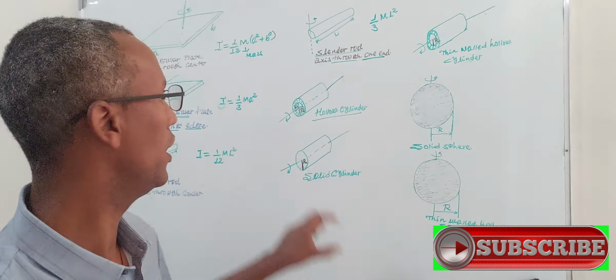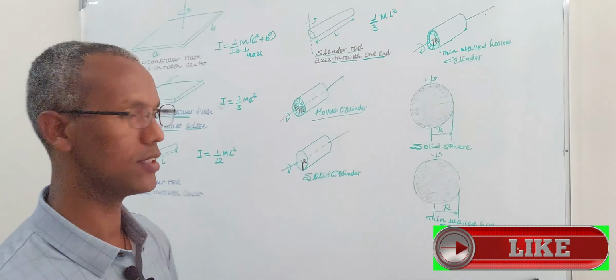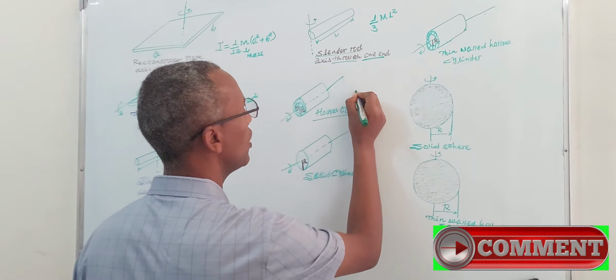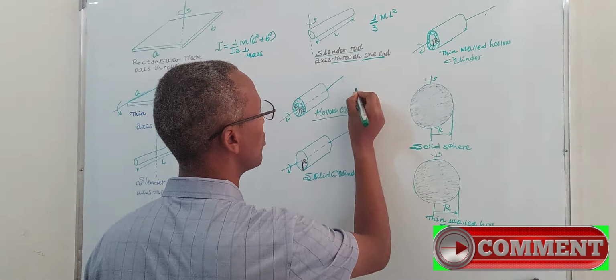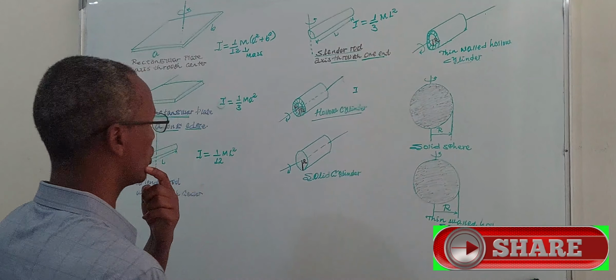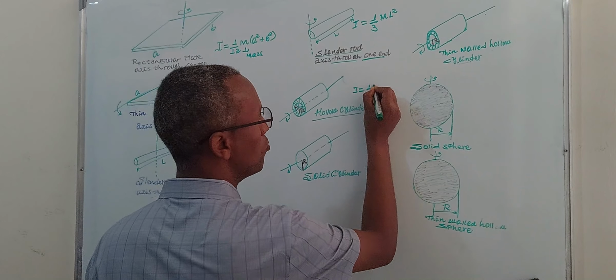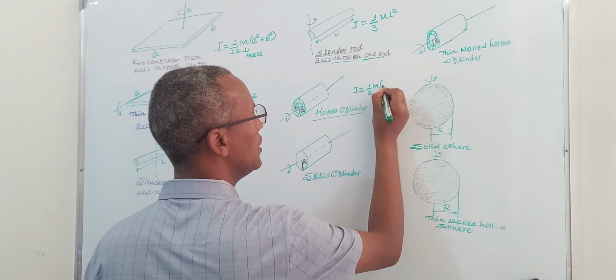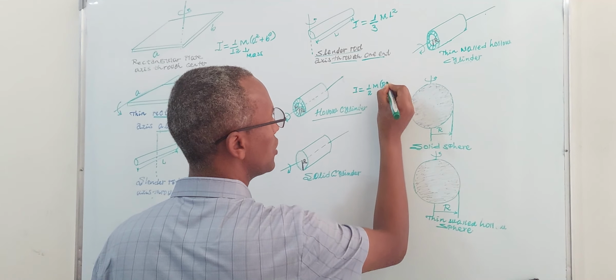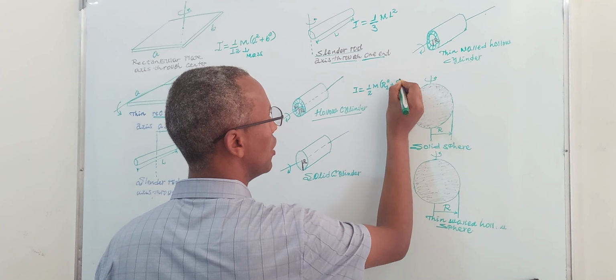To find the moment of inertia for this hollow cylinder, you can use I equals 1 upon 2 times the mass times (R1 square plus R2 square).